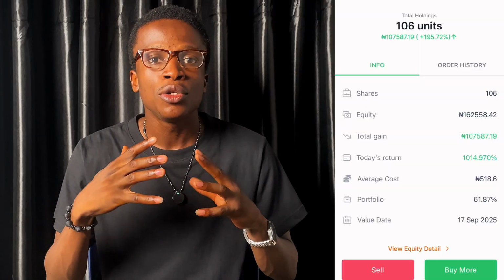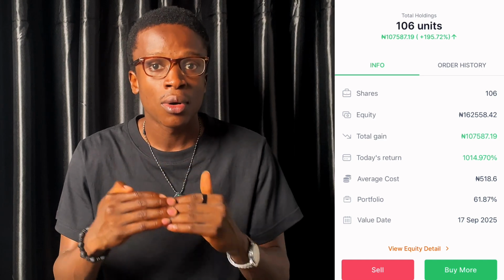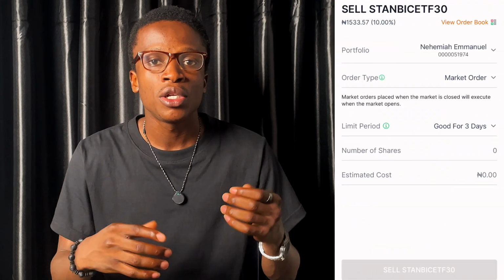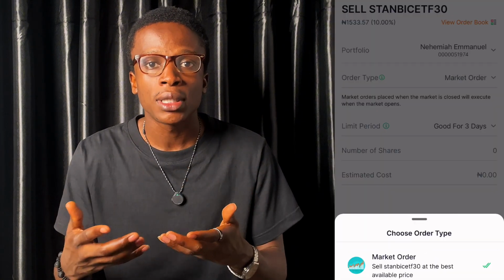Now, if you want to sell off a stock, it's very simple. All you have to do is go over to Afrinvest, click on the stock, and then click on sell the stock. Once you click on sell the stock, it will show you some things. You need to click on market order or limit order, choosing the one you want. If I go with market order, it should execute now based on the market order.